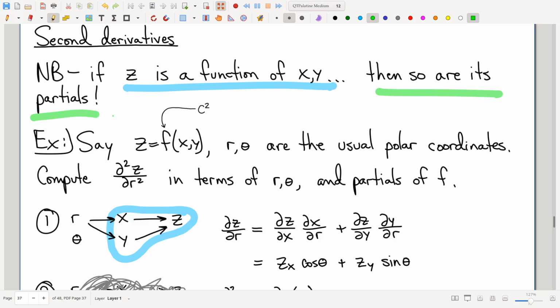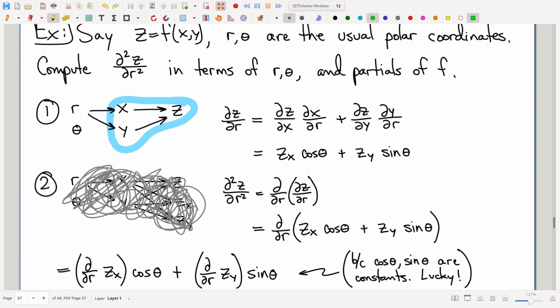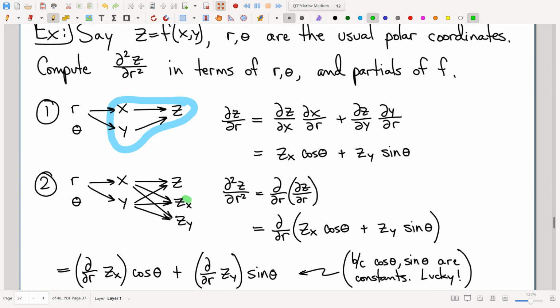We've made that observation before, and it can and should be appended as such on the diagram. Zx is a function of x and y, and zy is a function of x and y. So just append your diagram. In fact, you'll notice I have it written right as soon as I finish writing down this line. I saw this zx, and I thought, oh, better put zx on my diagram. And likewise zy, better put that on my diagram.